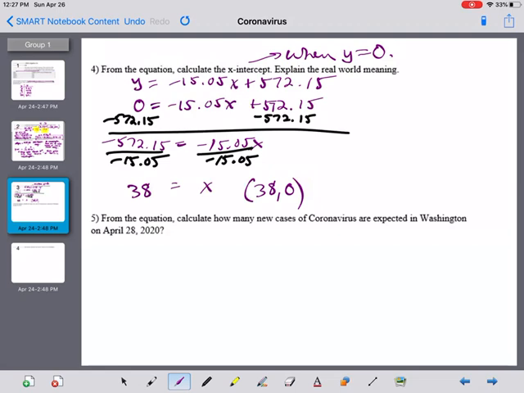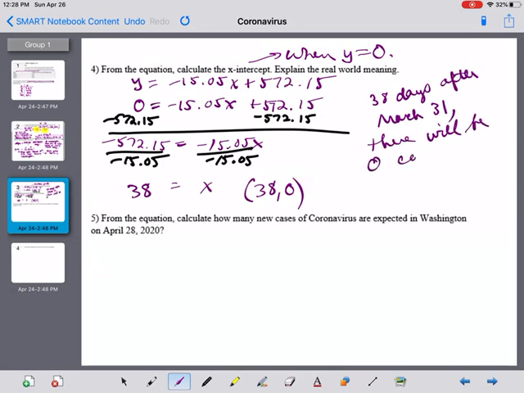Okay. So what does that mean? So x, remember, is days after March 31st. So 38 days after March 31st, there will be 0 cases of COVID. Now, that means you can calculate the day. So that would be like April 38th, which we know doesn't exist.